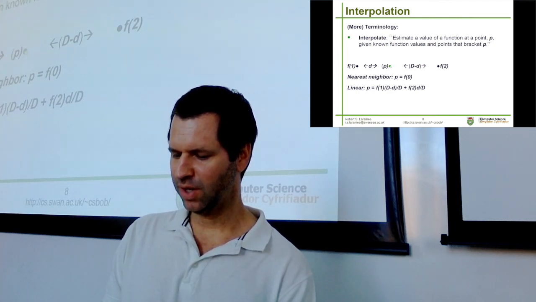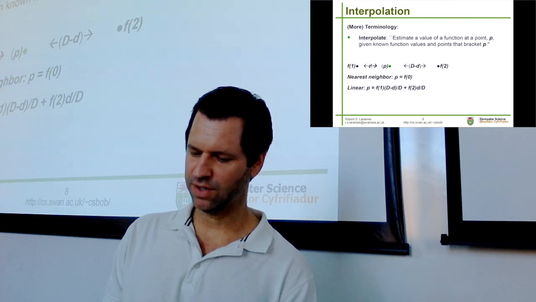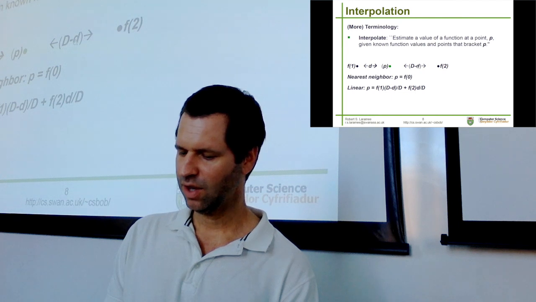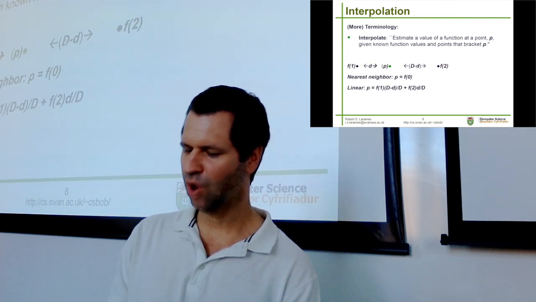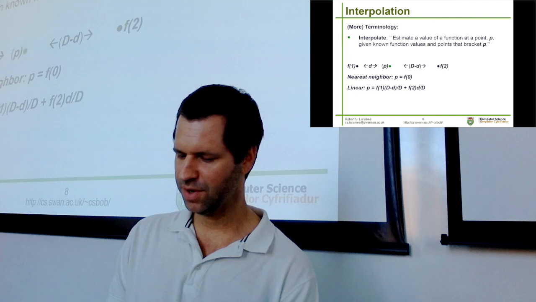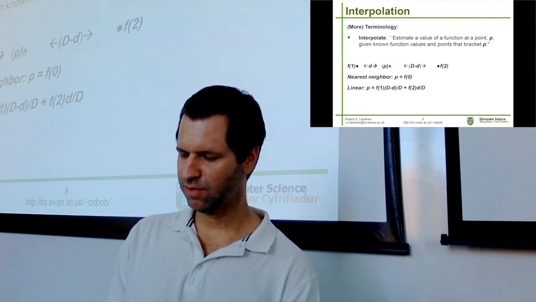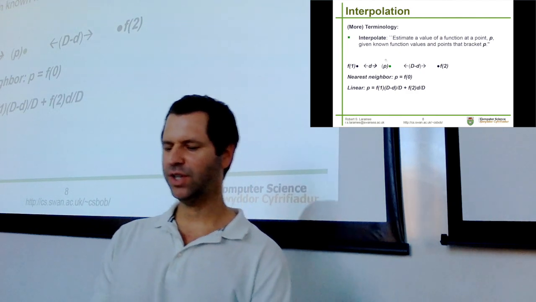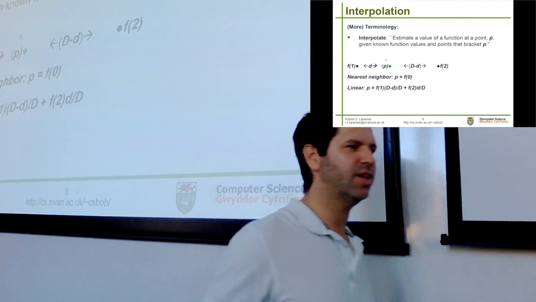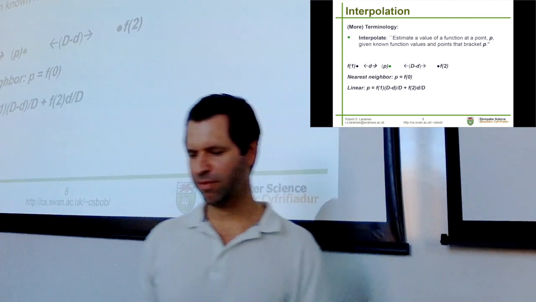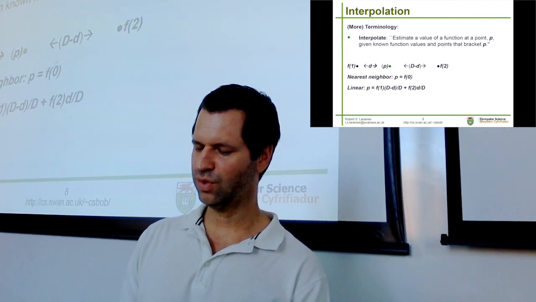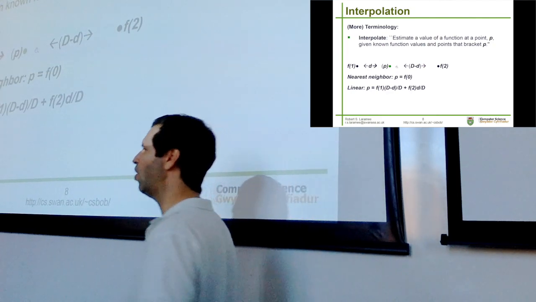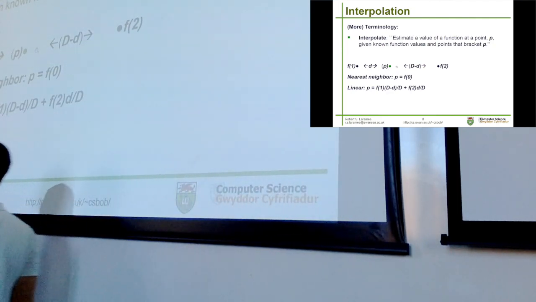At this point P, I have a distance d away from F1 and a distance D minus d away from F2. D is the total distance between F2 and F1, and small d is the distance between P and F1. If small d is less than half of uppercase D, then my nearest neighbor is F1, and I just use F1's value. That's also called nearest neighbor interpolation.